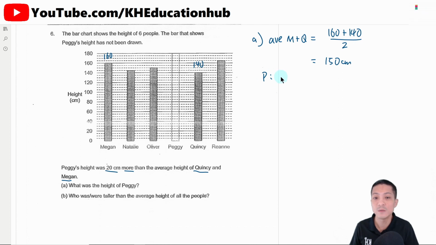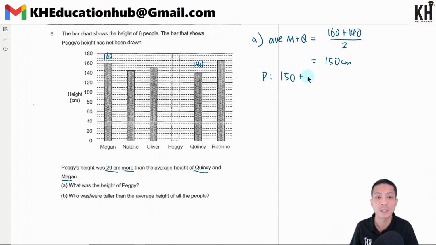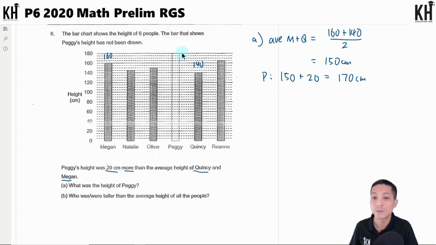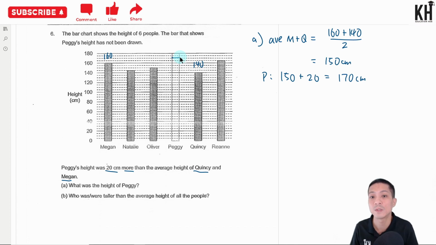That means Peggy will be 20 centimeters more, which is 150 plus 20, 170 centimeters. So probably then need to draw. Maybe not, but it is here. Until here if you want to draw. Peggy is 170 centimeters.